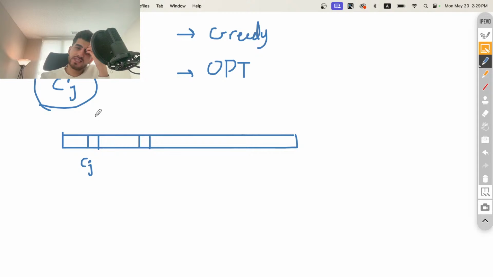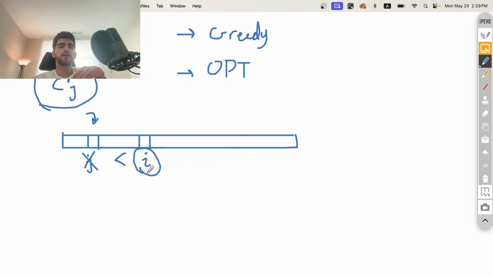So I will see this C of J, if it is to the left of C of I, or J is less than I. If J was less than I, let me write just J in here as the index, then I can say that I could easily remove this from opt and add this one instead, because I costs less than J, and also I have to pay this later, so it's even better.